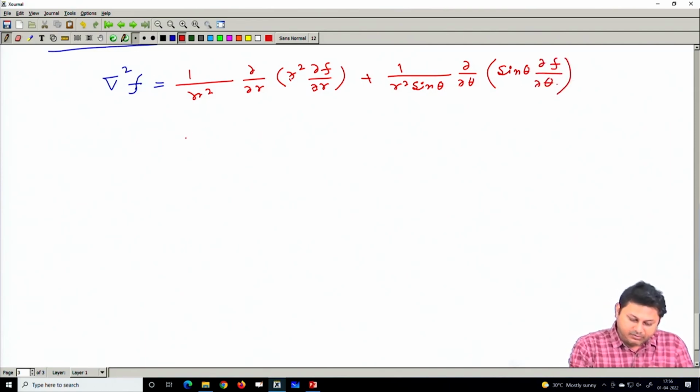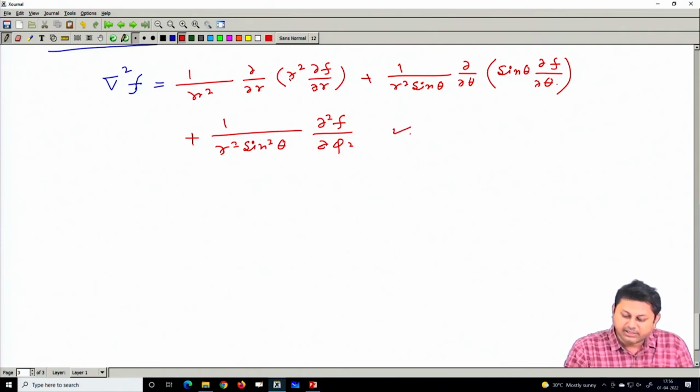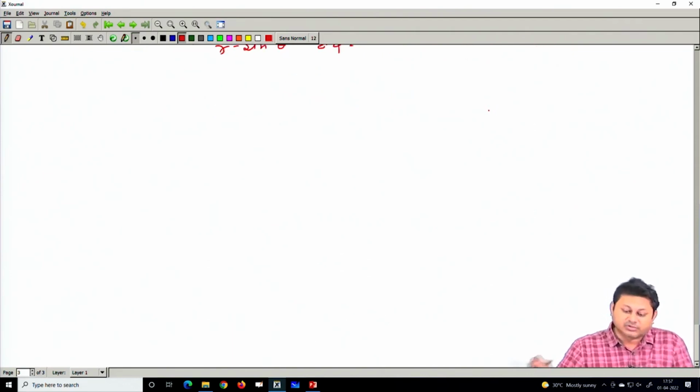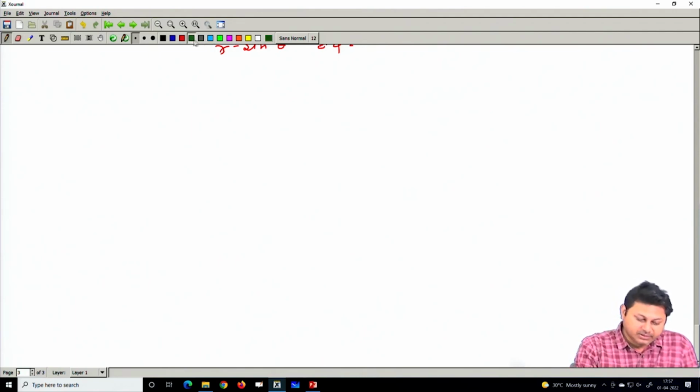And finally, we have 1 by r squared sin squared theta, and then del squared f del phi squared. So, this is a very important expression. In many cases we will find later that we may need to use it. So, better you should try to remember this expression, or try to understand at least, in the context of this curvilinear coordinate system, how it is coming.